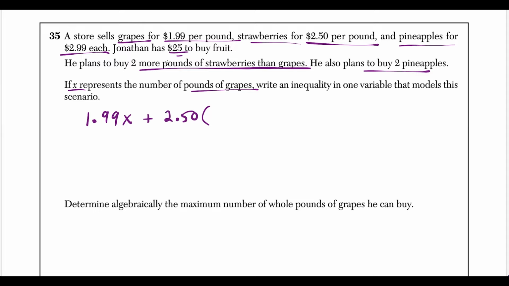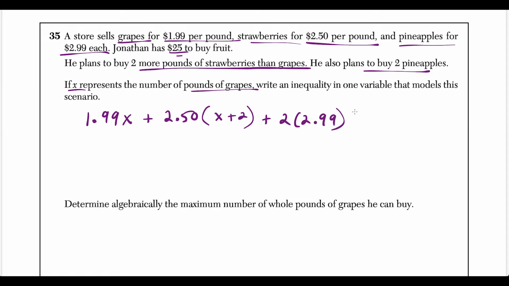He's buying 2 more pounds of strawberries than he is grapes. So if he's buying x pounds of grapes, then he's buying x plus 2 pounds of strawberries, because that's 2 more than x. And then he also plans to buy 2 pineapples. So that's plus 2 times the price of a pineapple, which is $2.99. So you have 2 times this.